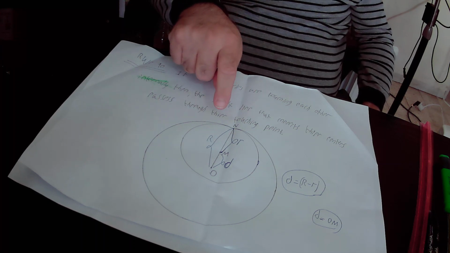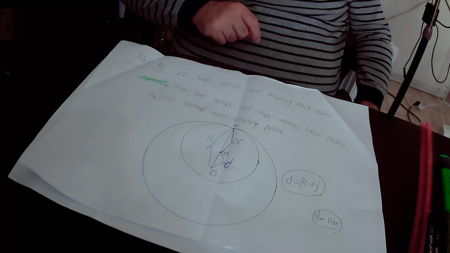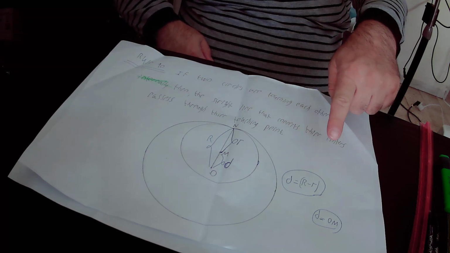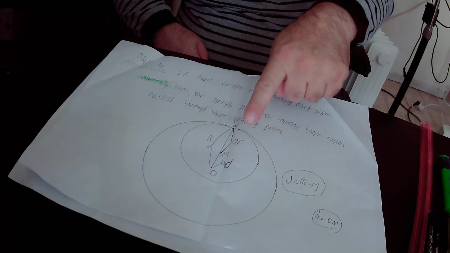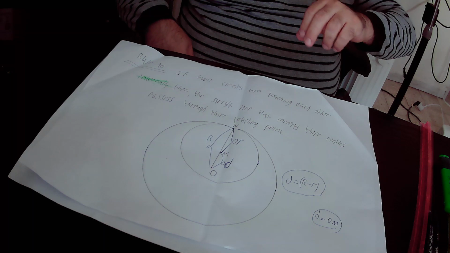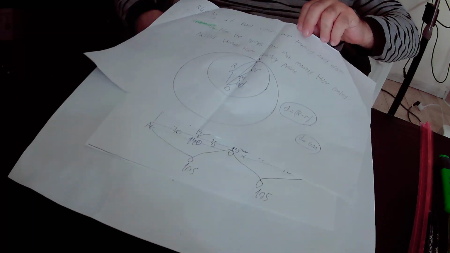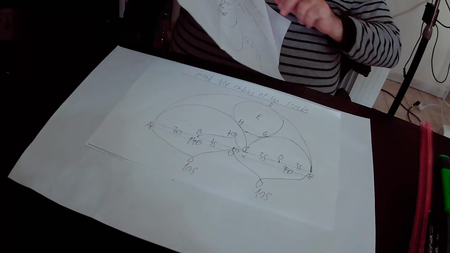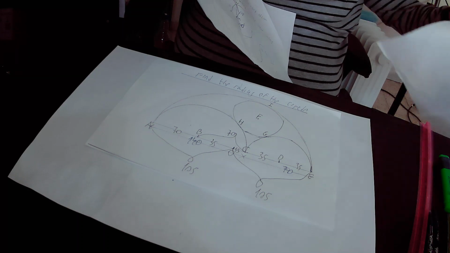In this case, it is capital R minus small r. So D, the distance, which is equal to MO, equals capital R minus small r. Okay. And we have also rule number 11.